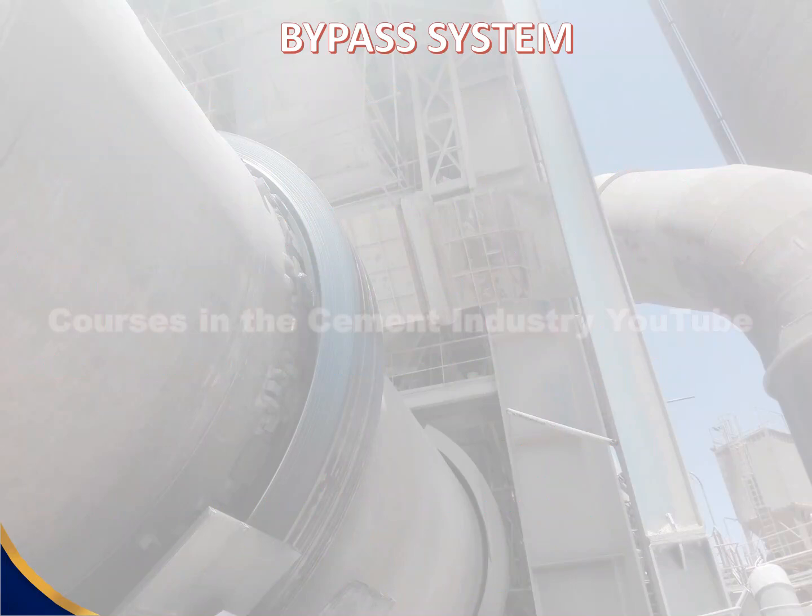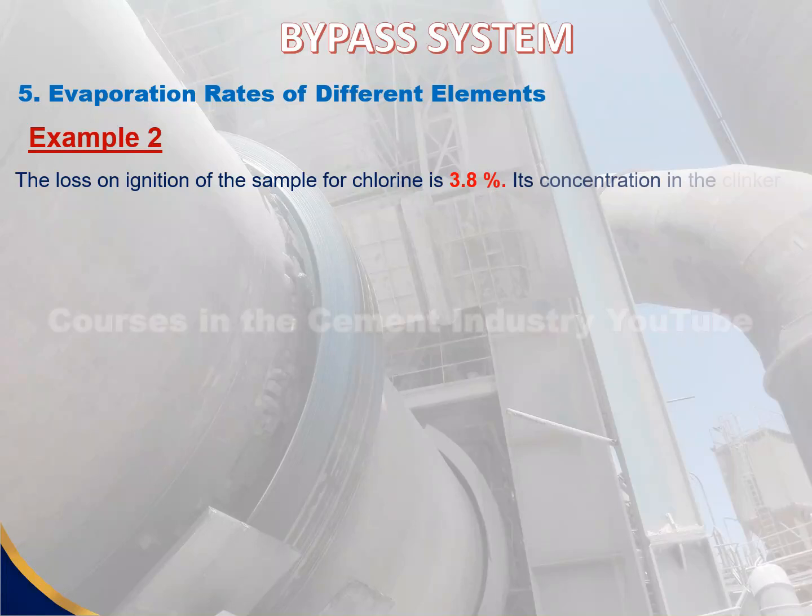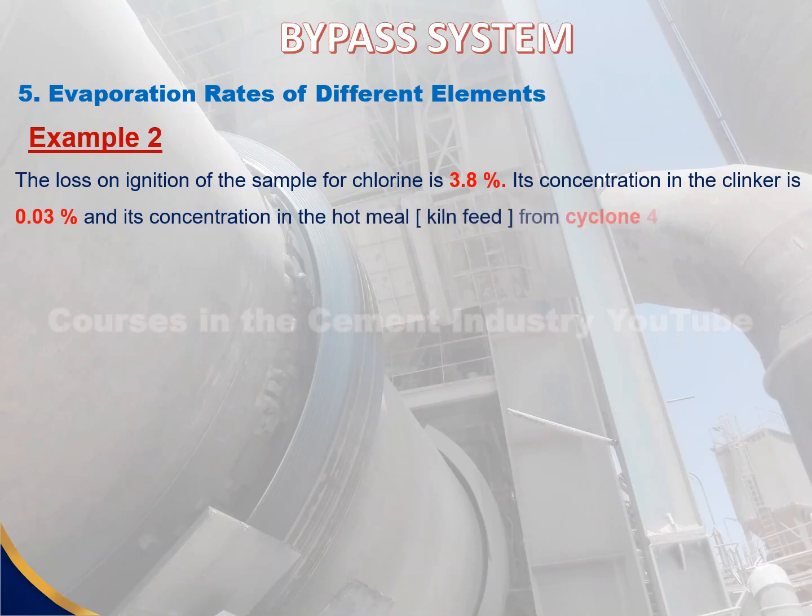We follow evaporation rates of different elements. Example 2. The loss on ignition of the sample for chlorine is 3.8%. Its concentration in the clinker is 0.03% and its concentration in the hot meal, kiln feed, from cyclone 4 to the kiln inlet is 0.65%.